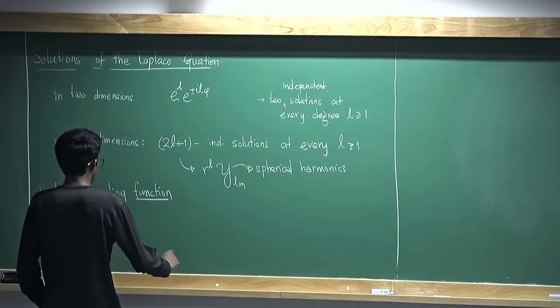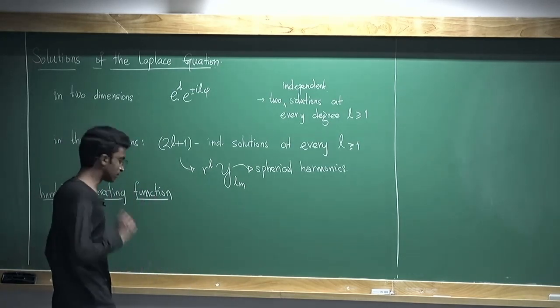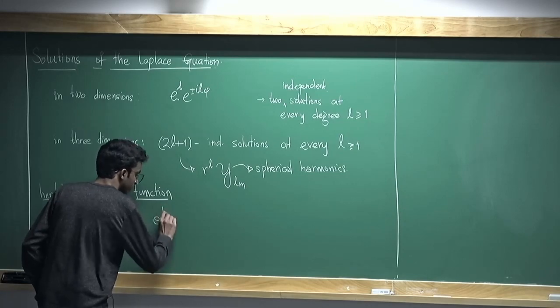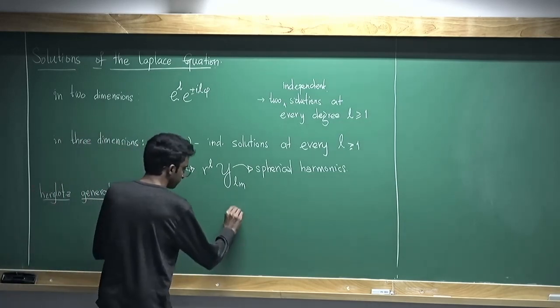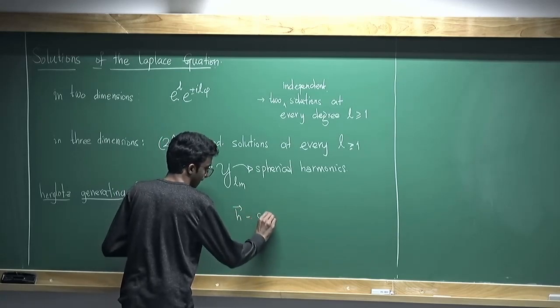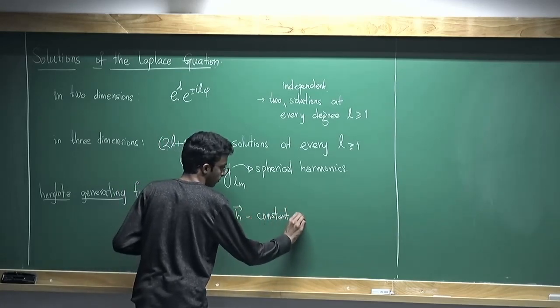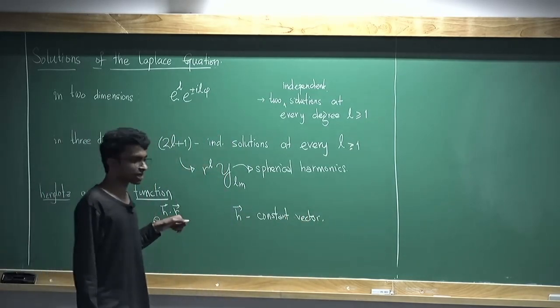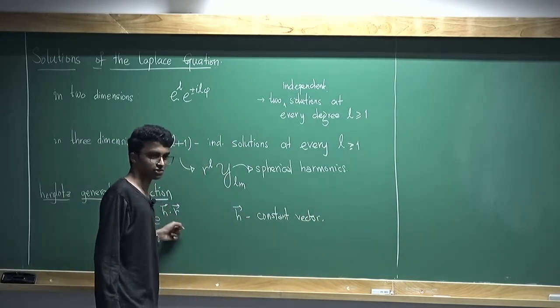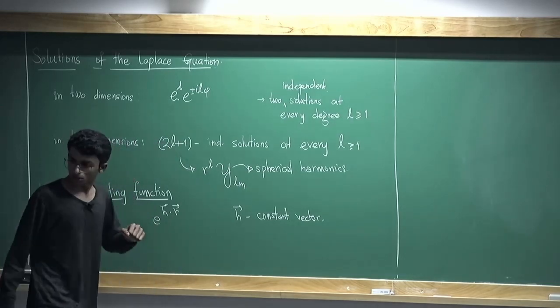Let's begin by considering a very simple looking function that we're all familiar with, which is e to the h dot r, where h is some constant vector. Now let's try to understand how the Laplacian acts on e to the h dot r. I hope you can all see this.